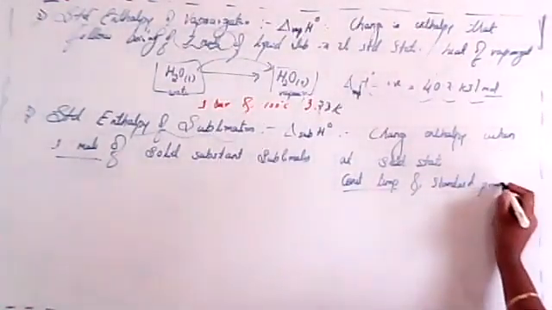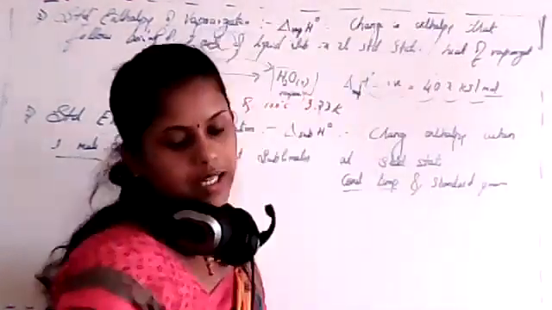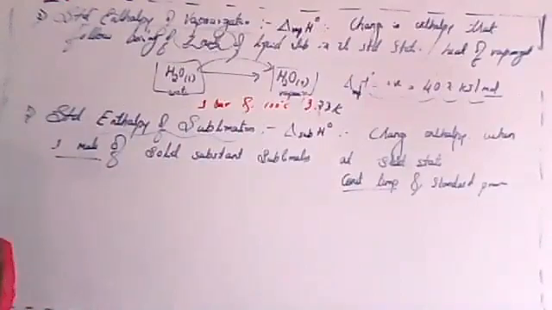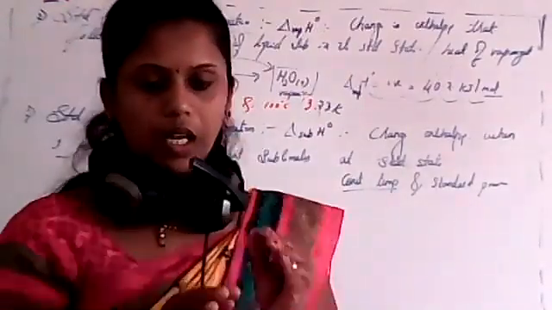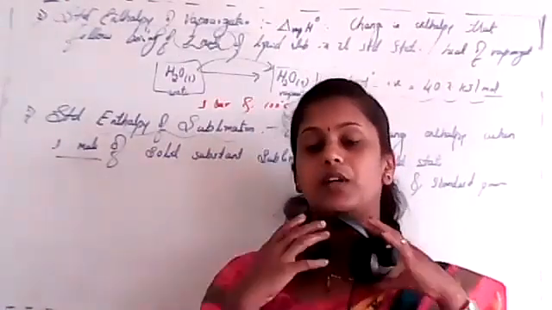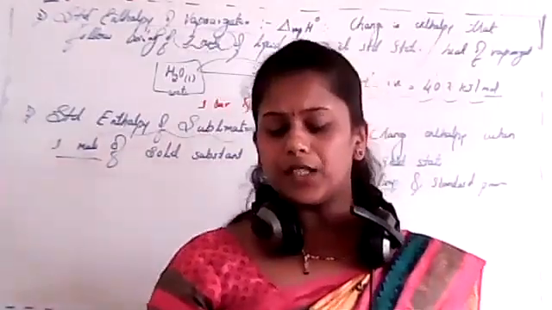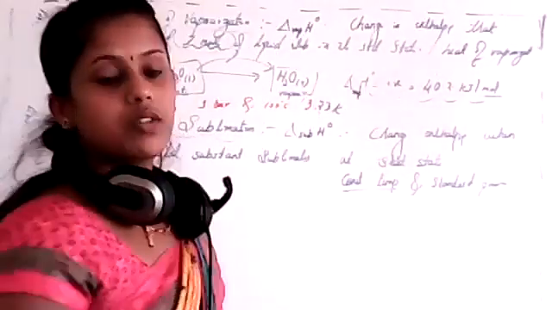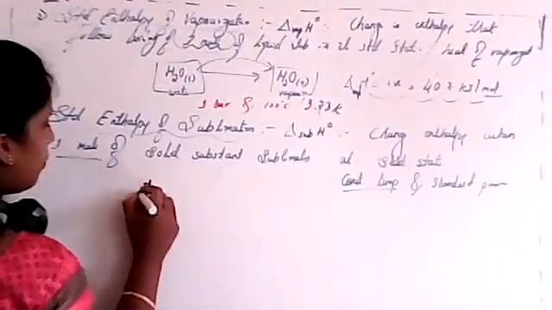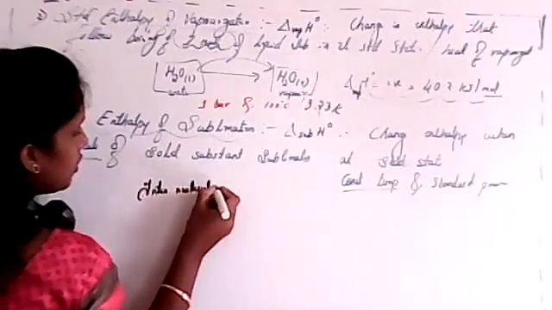Standard pressure will remain as it is, that is 1 bar pressure. Is it clear? See, one thing about this one: whenever we are considering the sublimation process, it completely depends on intermolecular force of attraction.